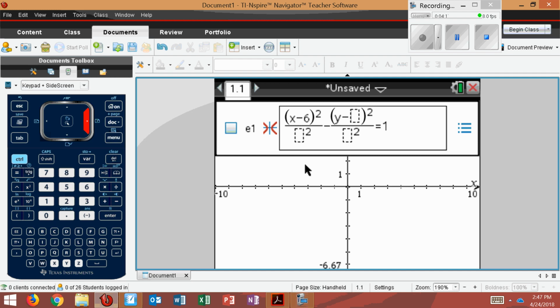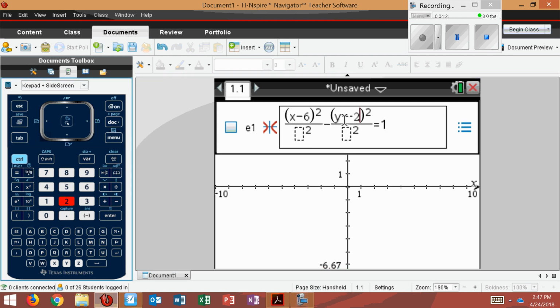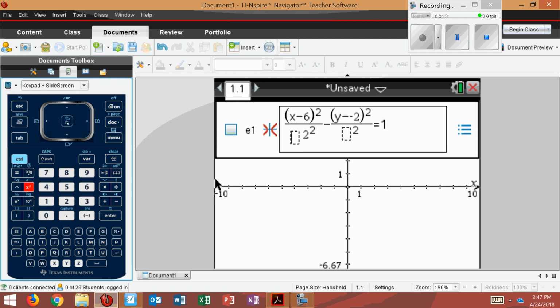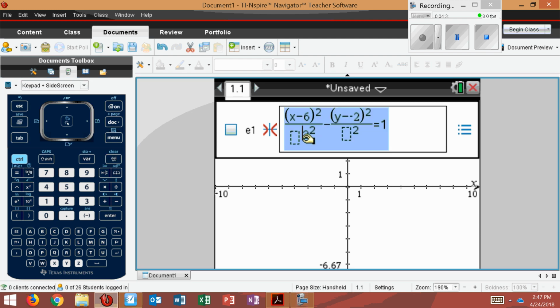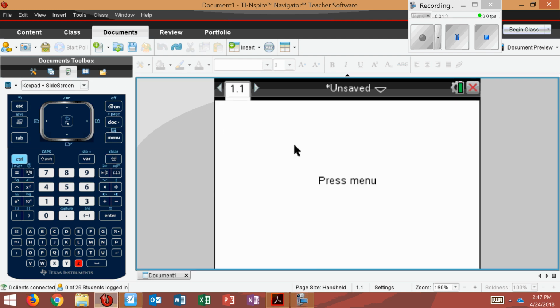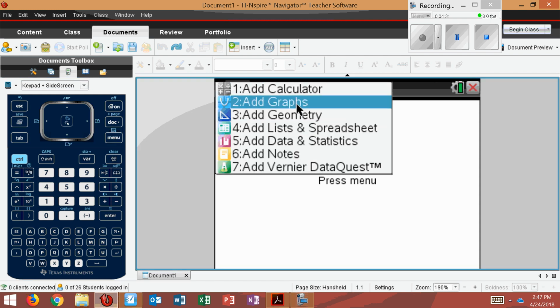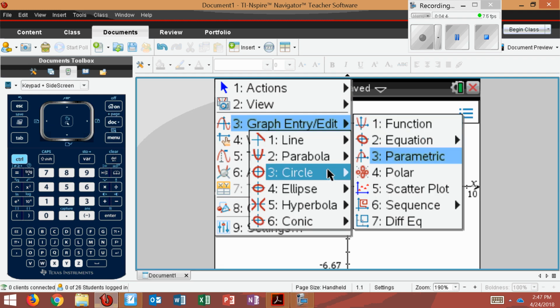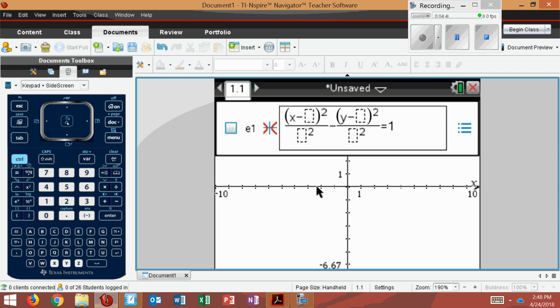So this is already a minus, so I need to make this -2, which makes it equivalent to +2. Sorry. Let me try this one more time. Graphs, Menu, Entry, Equation, go to Hyperbola. It was 6 here, and we had a -2 here.